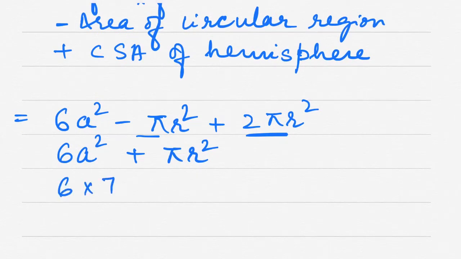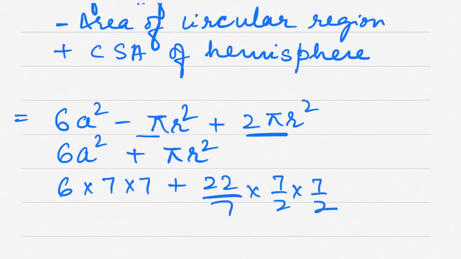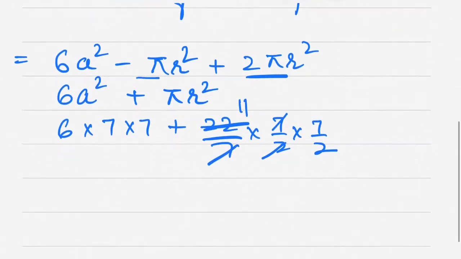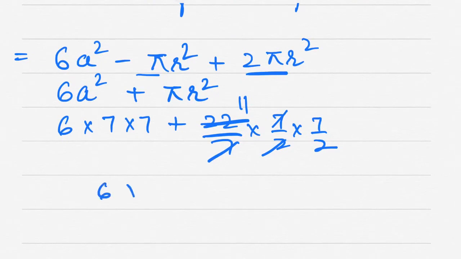Now 6 into 7 into 7 plus 22 by 7 into 7 by 2 into 7 by 2. This 7 is gone, this is equal to 11.